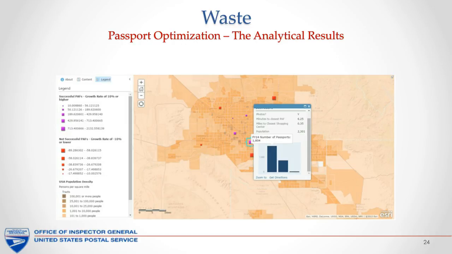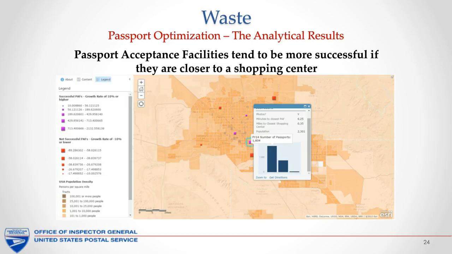So what's interesting is that through all this analysis, through all of the criteria that we filtered through, we didn't really find any correlation. The only thing that we found was that a passport facility tended to be more successful if it was closer to a shopping center.